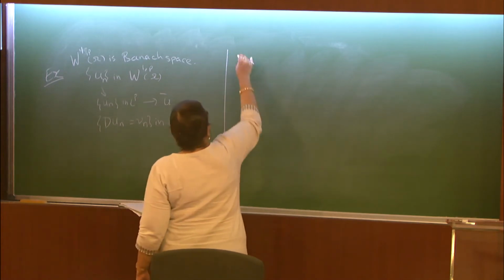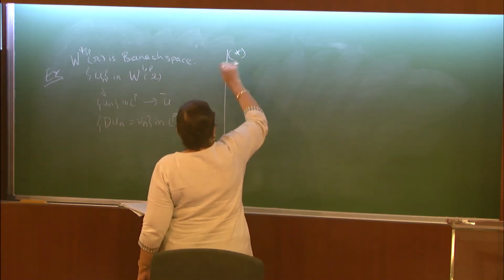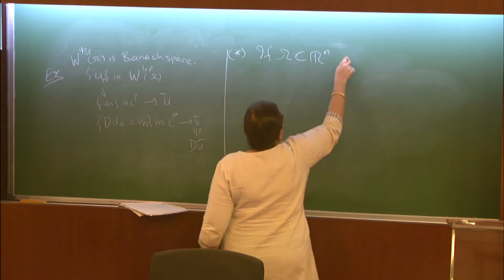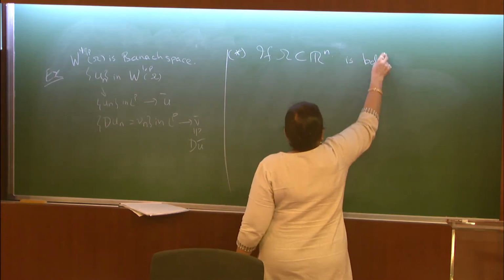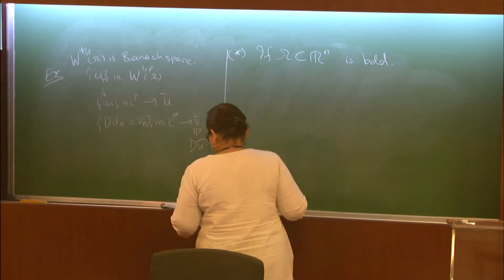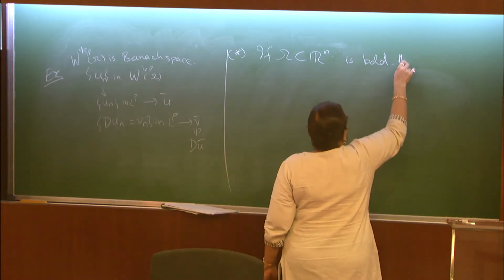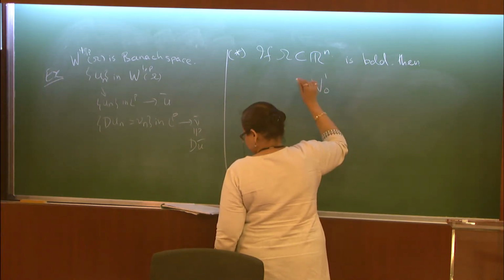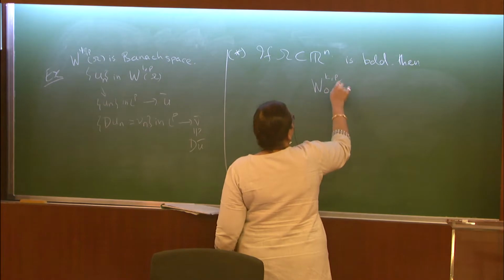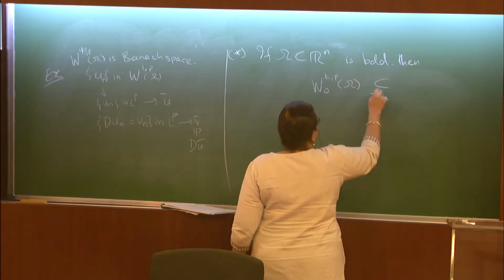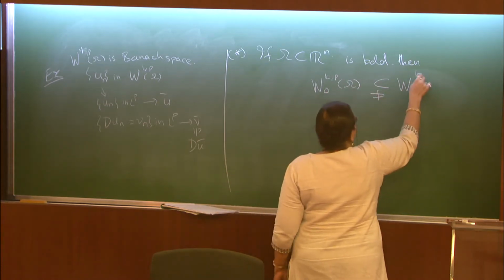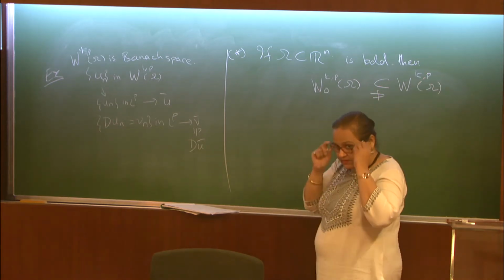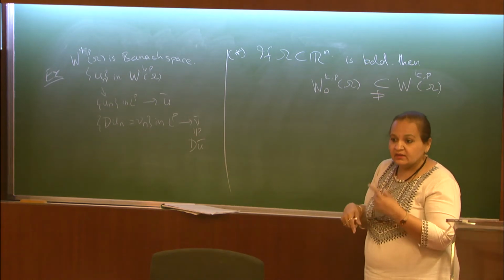This is an important property: if omega contained in R^n is bounded, then the inclusion is strict in case omega is a bounded domain.